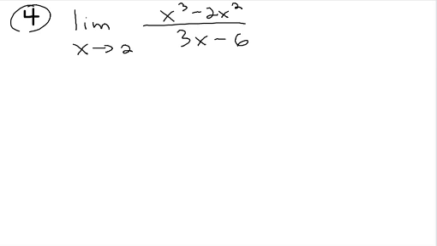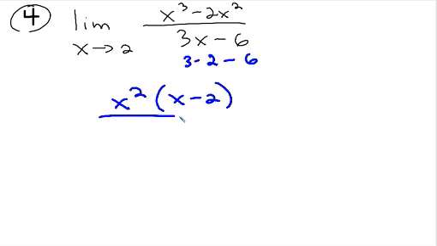All right? So, once again, if I try to plug in 2, I think you can see we've got a problem, don't we? I've got a 0 in the denominator. So let's do some factoring. On the top, I can pull out an x squared, which leaves me with x minus 2. On the bottom, I can pull out a 3, which leaves me with an x minus 2.